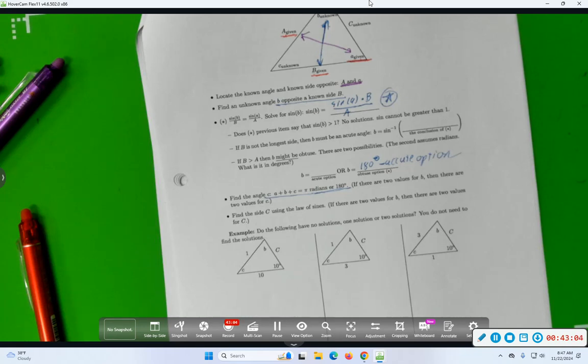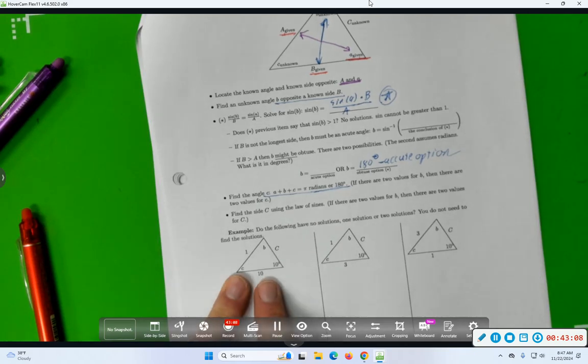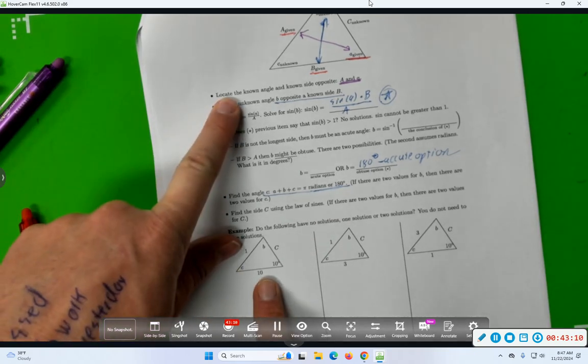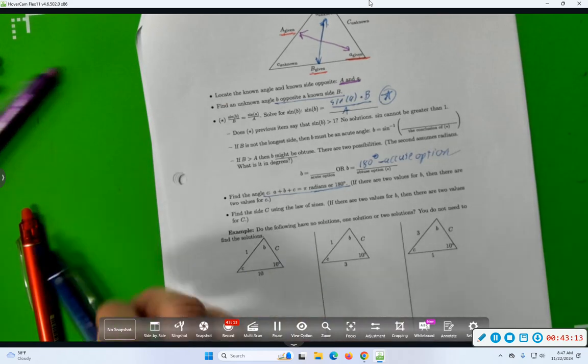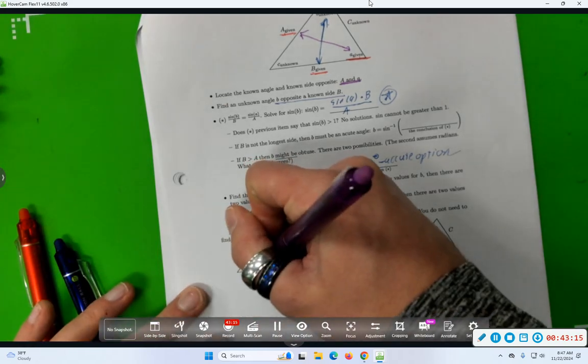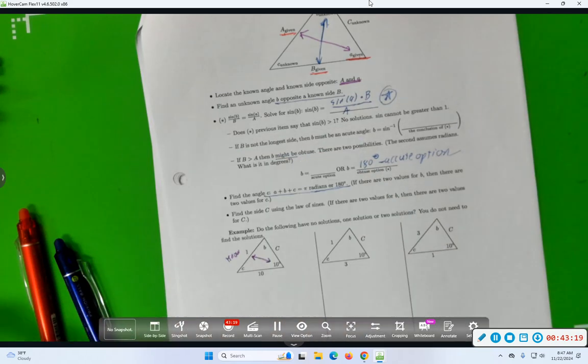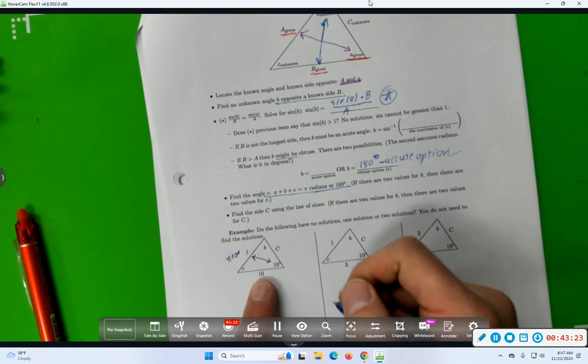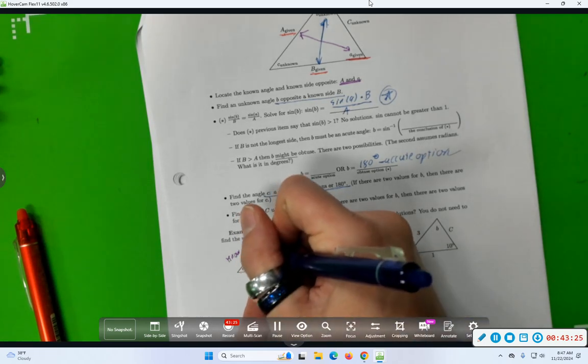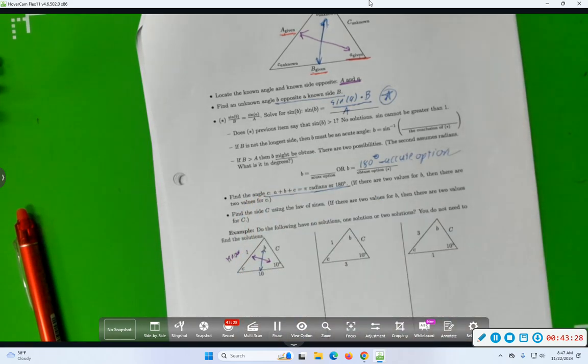So, let's try to follow the same flowchart for this triangle. So step 1, locate a known angle and a known side opposite. Those are the ones that I know. Locate a known side with an unknown angle opposite.